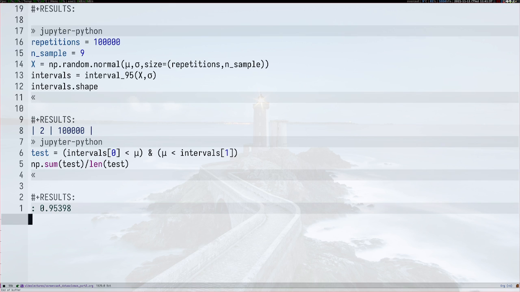But the randomness here is in the interval, it's not in mu itself. Mu is unknown, but it's a fixed number. There is no randomness about mu.